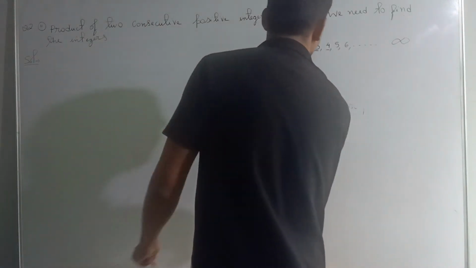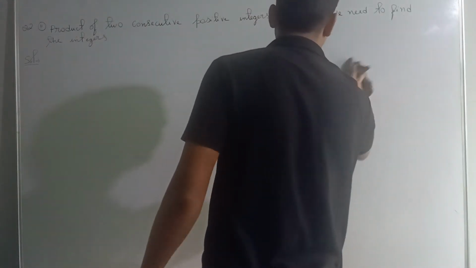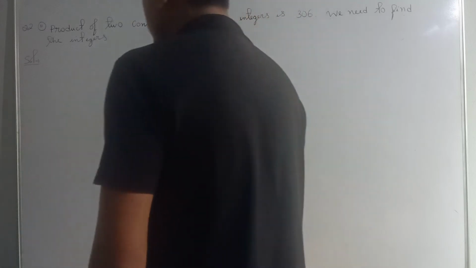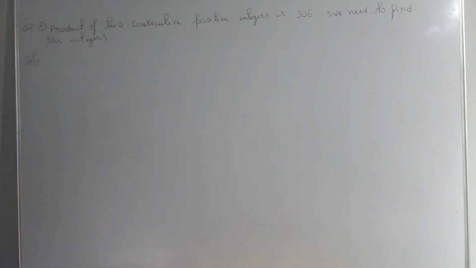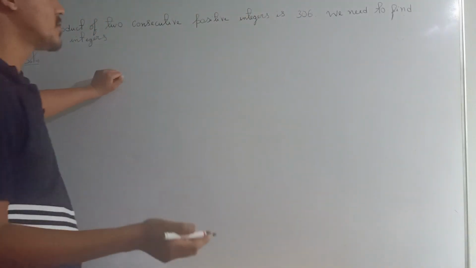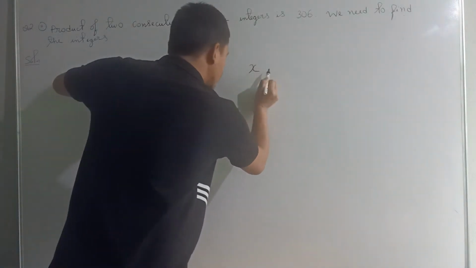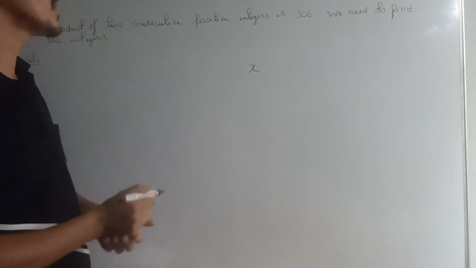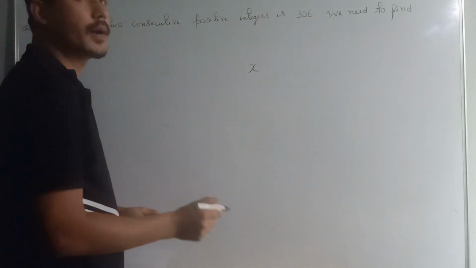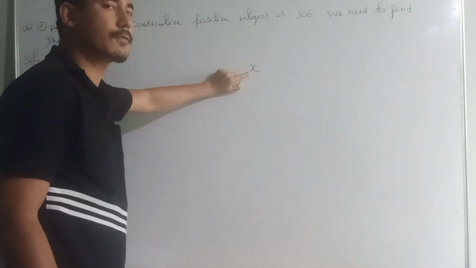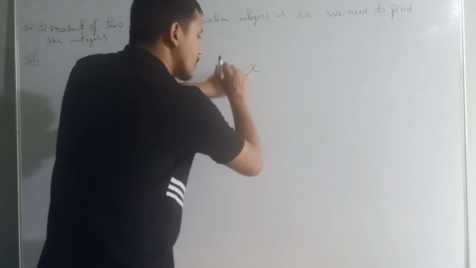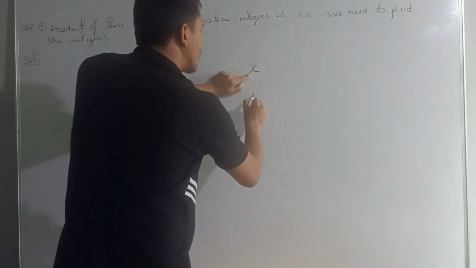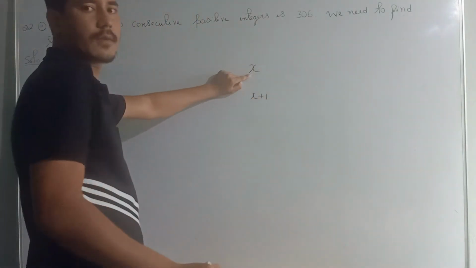In the same way here, the question is talking about two consecutive positive integers. So if we choose x as your first positive integer, then the next positive integer can be obtained by adding 1 to this first positive integer. So the next positive integer will be x plus 1.